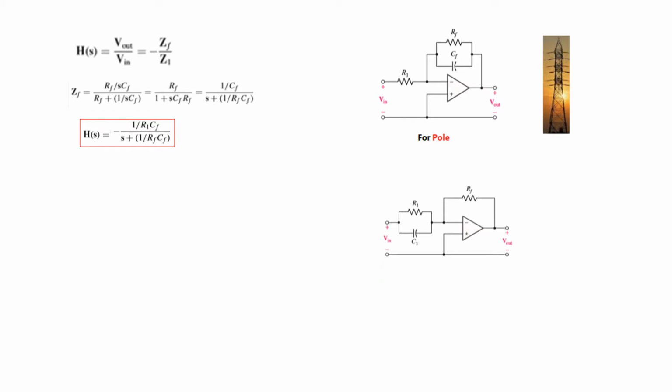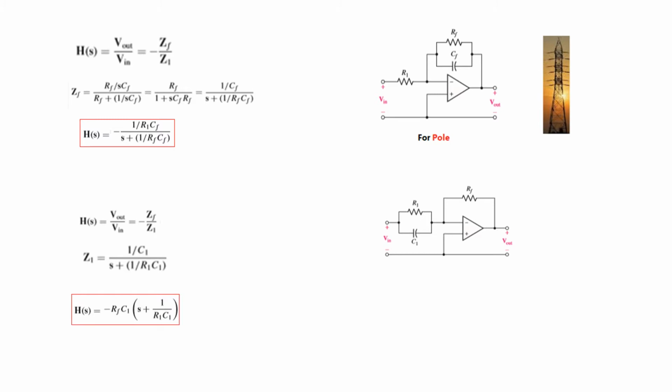On the contrary, we have another inverting amplifier. But now you can see that the input has a parallel resistance and capacitance, and the feedback has simply one resistance. And H(s) in this case is also negative ZF over Z1. Now our ZF is RF, but our Z1 is the parallel of these two. By solving Z1, we get this term, and plugging in Z1 and ZF, we get the final value of the transfer function like this.